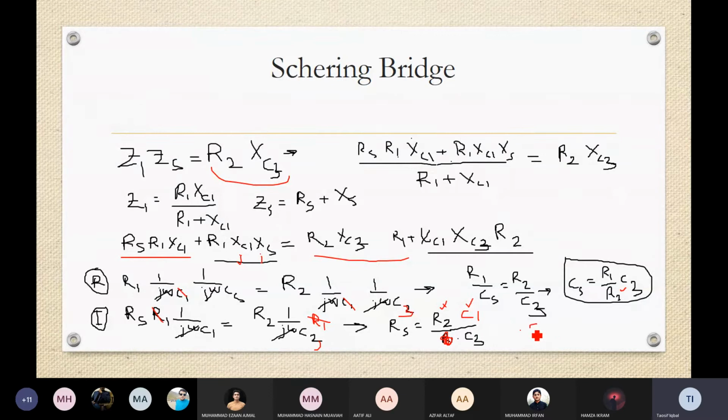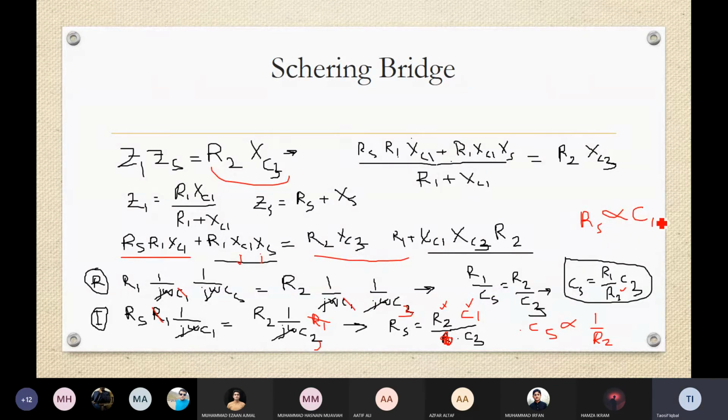So CS is going to be inversely related with R2, which is basically the variable one, and RS is going to be directly related with C1.